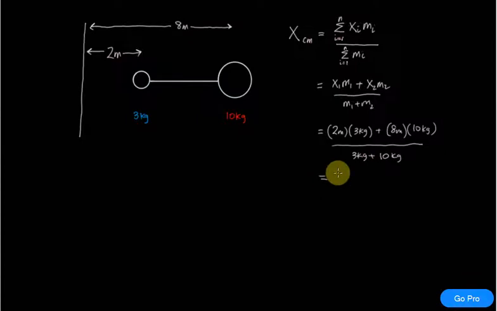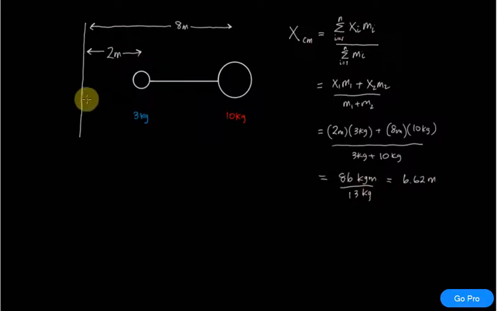So that leaves us with a total of 86 kilogram meters at the top, divided by 13 kilograms at the bottom, and that gives me a total value of about 6.62 meters. Notice the units are definitely going to be meters.